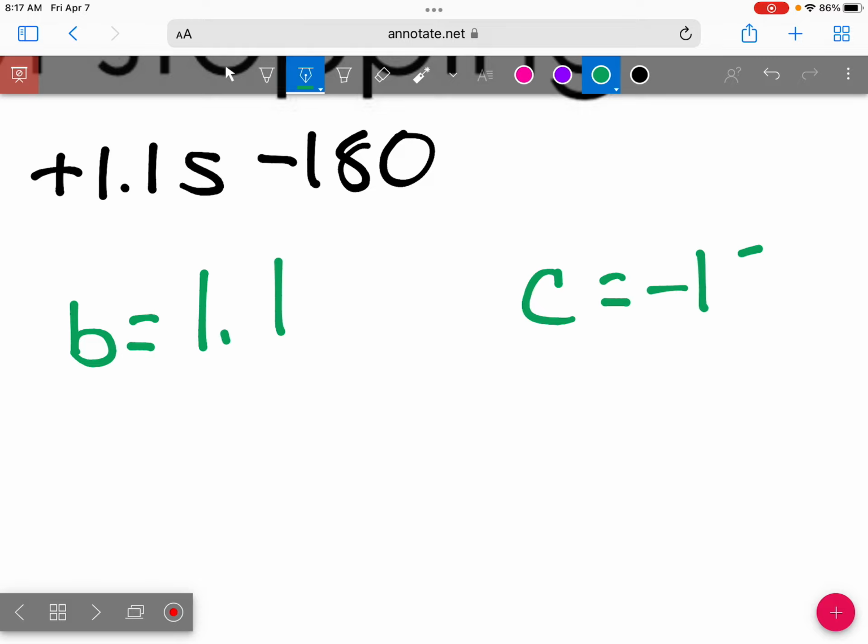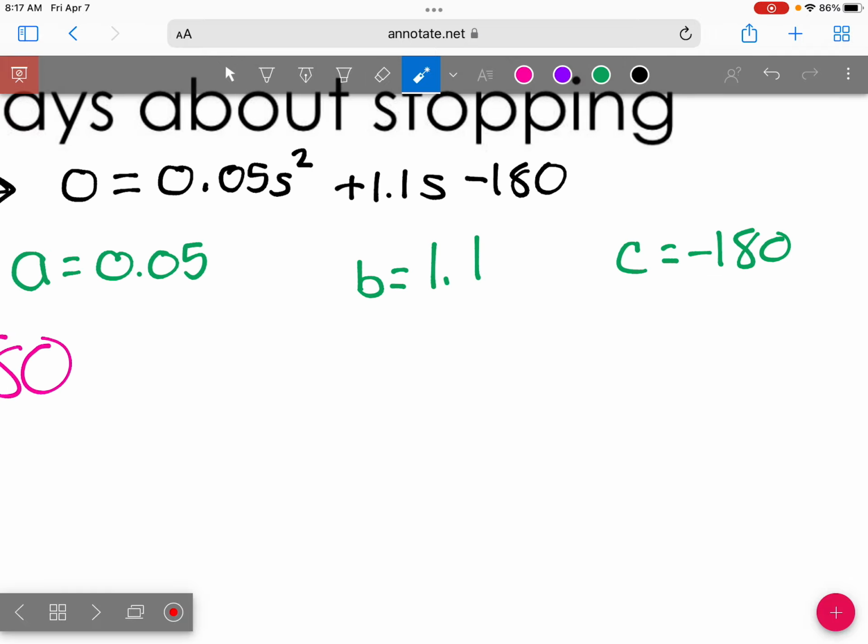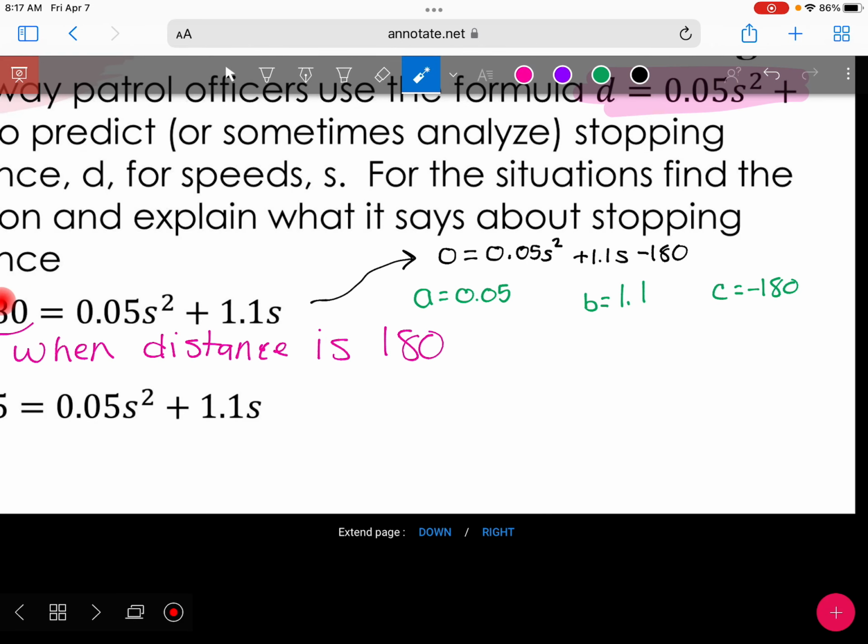Negative 180. That's why it's really important that we set it equal to 0. Because if we just left it as it was, we would wind up with a positive 180, which would make things go all kinds of wonky.